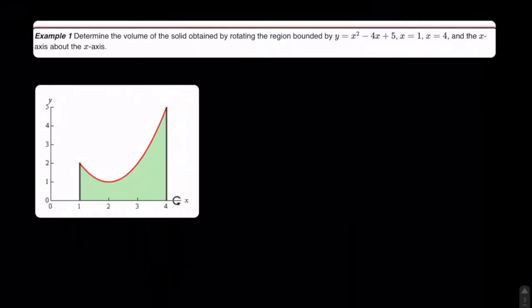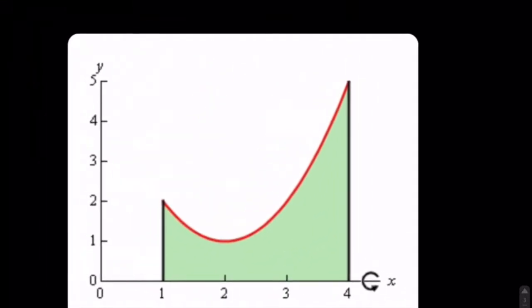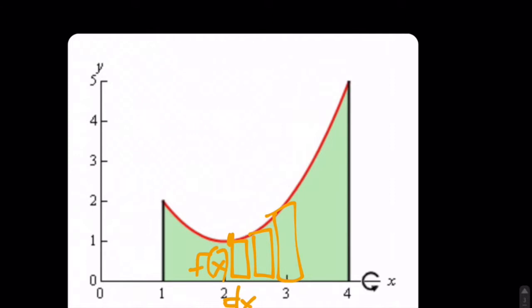By now we're very familiar with the problem of finding the area under the curve. We started off by approximating it using small rectangles, with which the height will be the function at the point, whether it's the right or the left endpoint, because at a really small value, it doesn't make a difference, multiplied by a really small value, dx, which is essentially an infinitesimally small value. What happens as these rectangles get smaller and smaller?